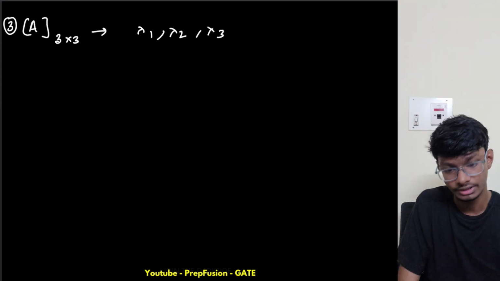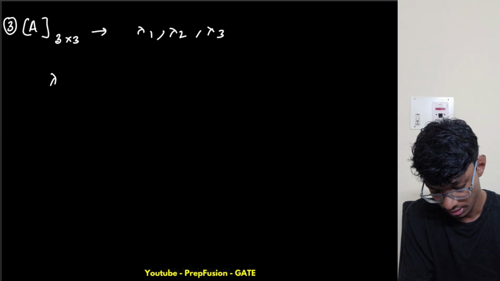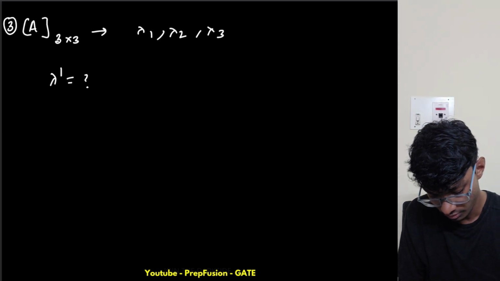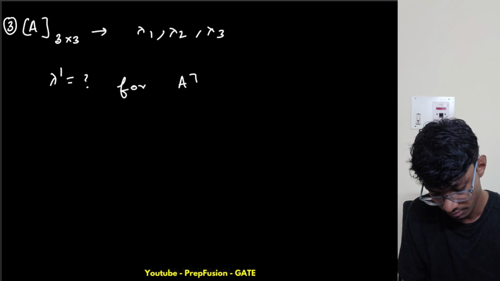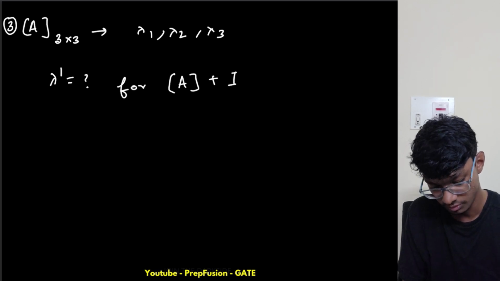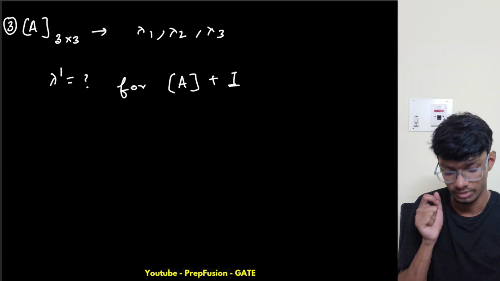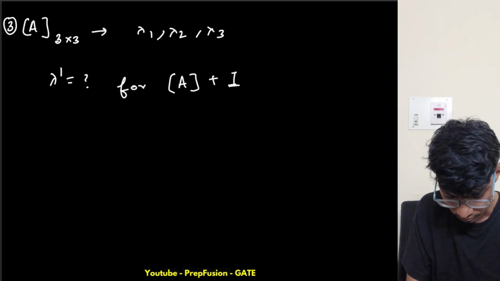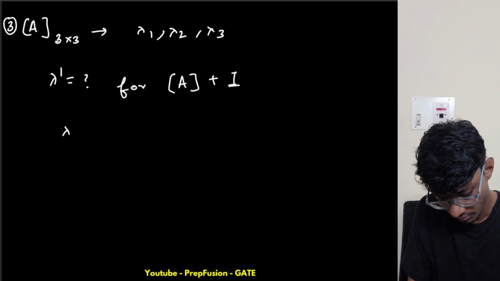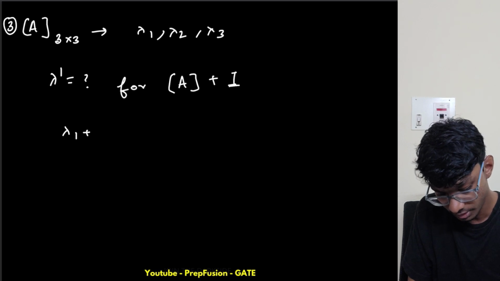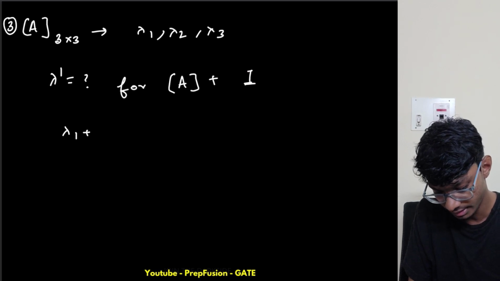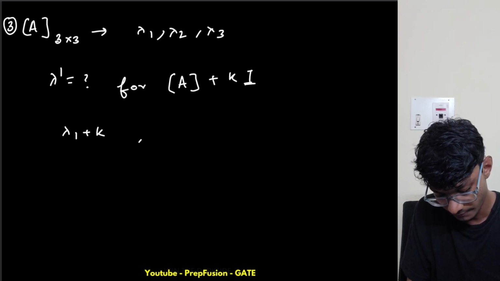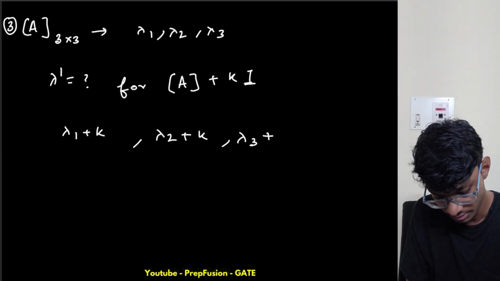Now what will be the eigenvalues for A plus kI? It will be simply lambda 1 plus k, lambda 2 plus k and lambda 3 plus k.